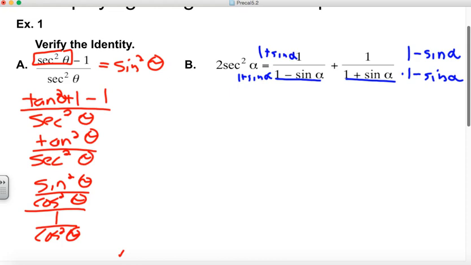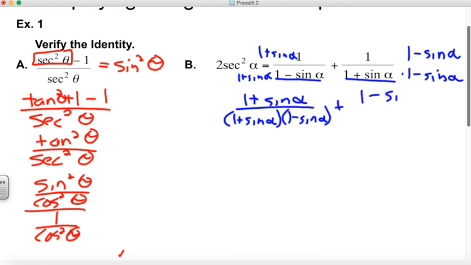So now on the top fraction, we've got 1 plus sine alpha times 1 is 1 plus sine alpha. On the bottom, we have 1 plus sine alpha times 1 minus sine alpha. And then on the other fraction, 1 times 1 minus sine alpha is just 1 minus sine alpha. On the bottom, we have the same denominator, 1 plus sine alpha times 1 minus sine alpha.